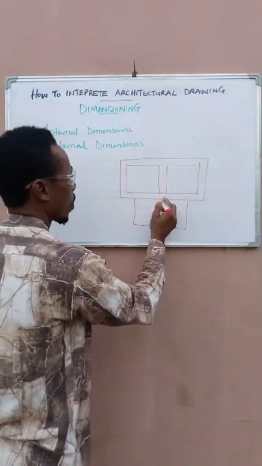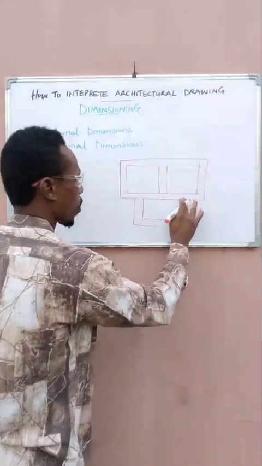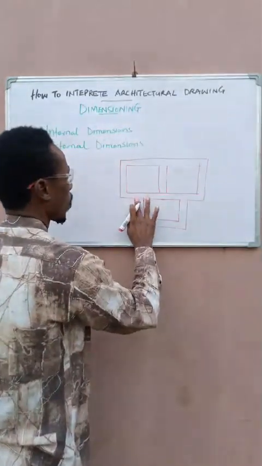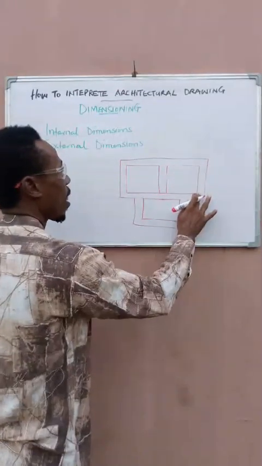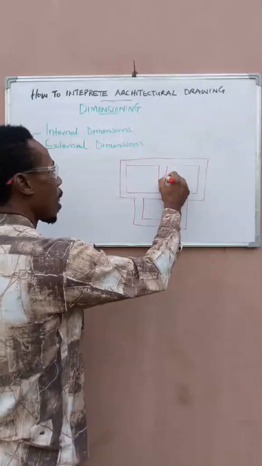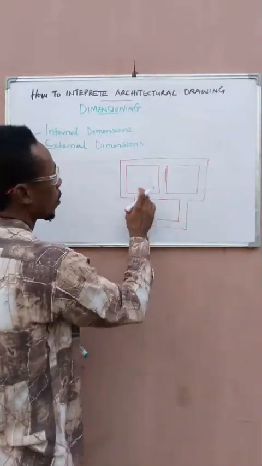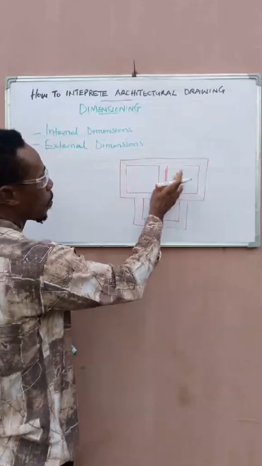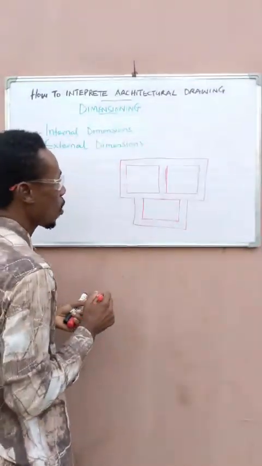Understand that these are the walls that make up the building. This is a three-partition, 3-room arrangement that we have here.